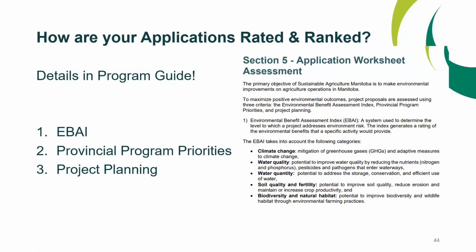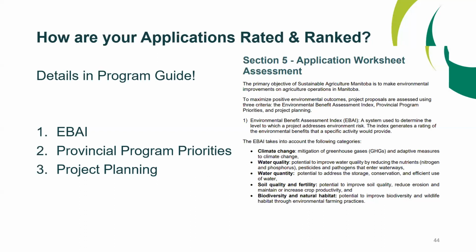And the criteria under the EBAI include the following: climate change, so mitigation of greenhouse gases and adaptive measures to climate change. Water quality, the potential to improve water quality by reducing the nutrients, nitrogen and phosphorus, pesticides and pathogens that enter waterways.